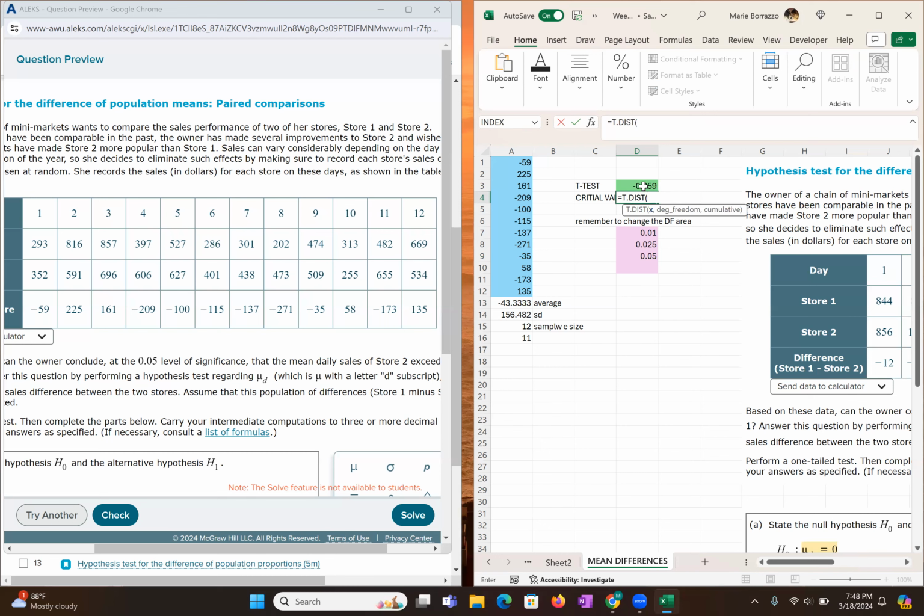And I'm gonna click on the value, comma, the degrees of freedom, comma, TRUE, and that would be the area just below the negative 0.959, and the area above is going to equal 1 minus that 0.179, which is 0.821.